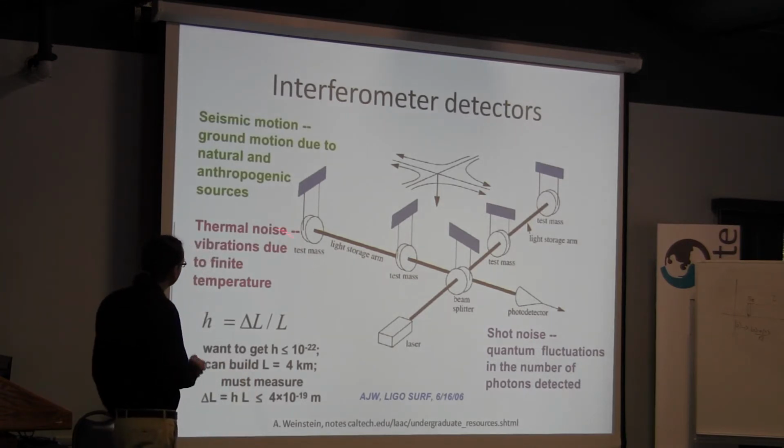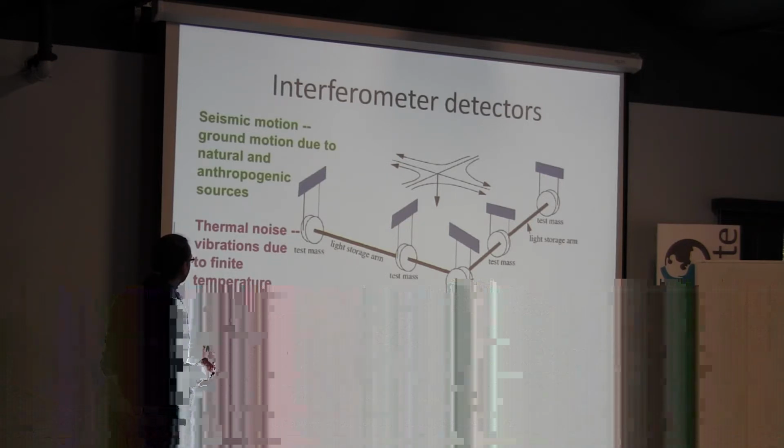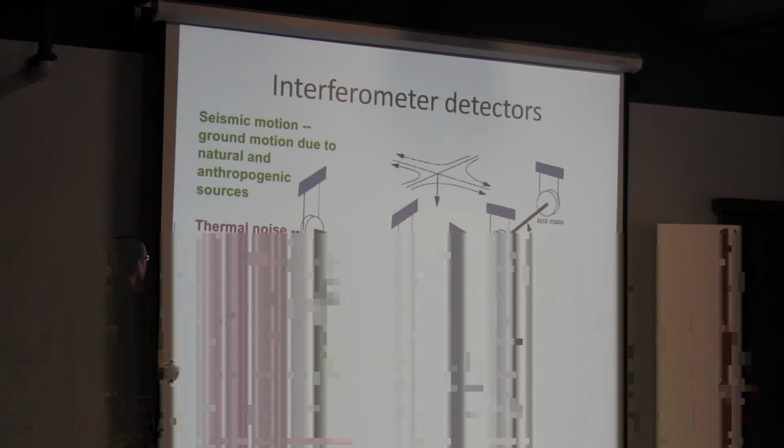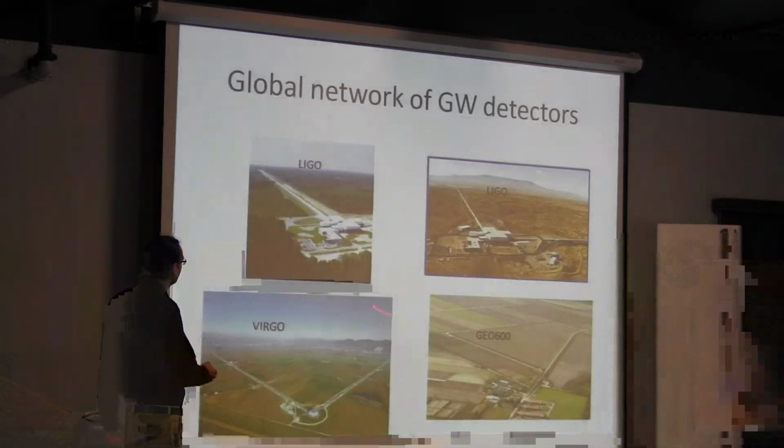At lower frequency, there's some thermal noise in the suspensions of these masses, and then at very low frequencies, there's ground motion and seismic motion that have to be dealt with.